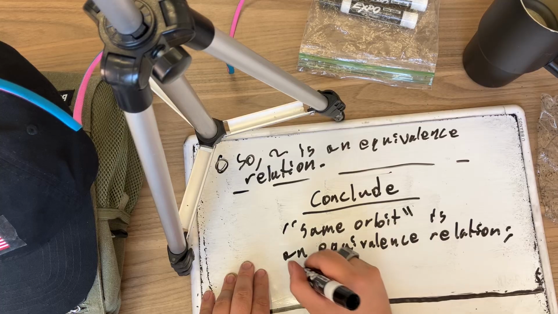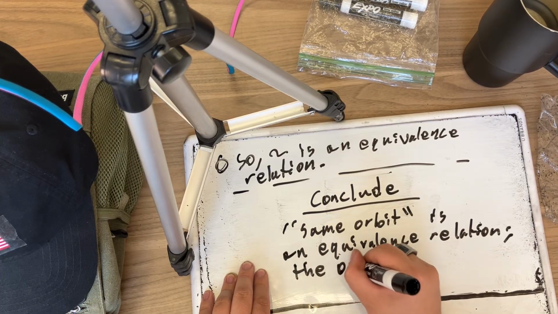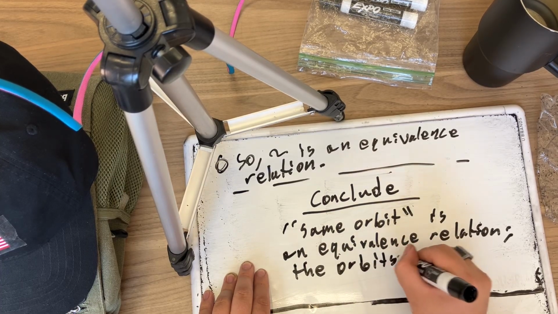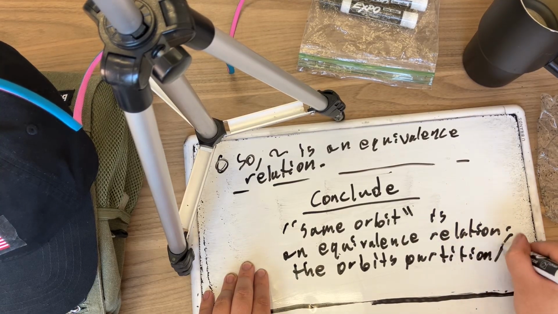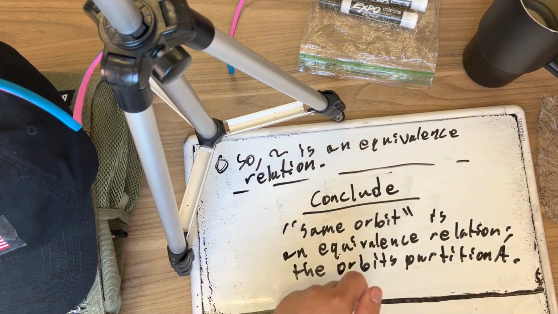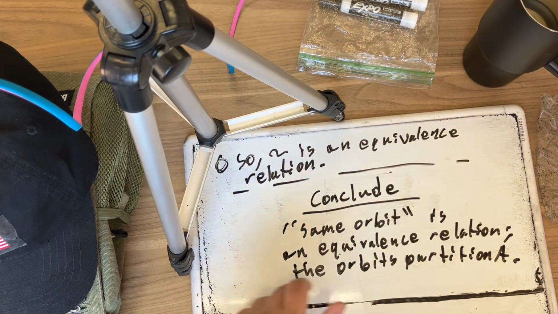So the orbits partition A. So identity implies that it's reflexive, inverses imply that it's symmetric, products imply that it's transitive. So we're good to go for exercise 18.